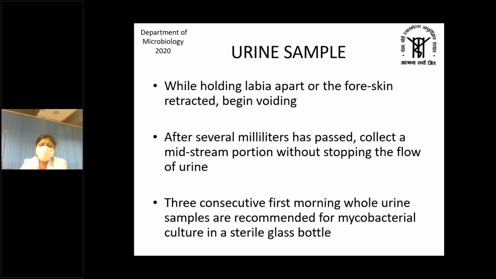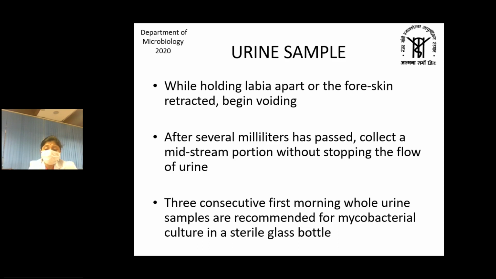Now, 3 consecutive first morning whole urine samples are recommended for culture of tuberculosis. So, with genitourinary tuberculosis, we use sterile glass bottles, which are larger than the routine plastic ones, wide mouth screw cap bottles. And a first morning urine sample for 3 consecutive days is recommended.